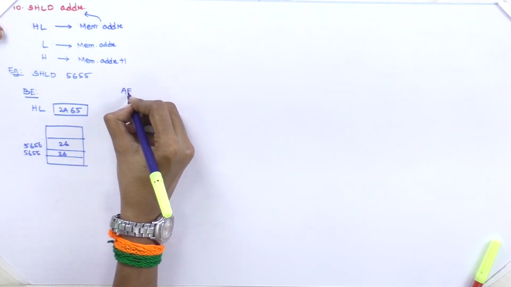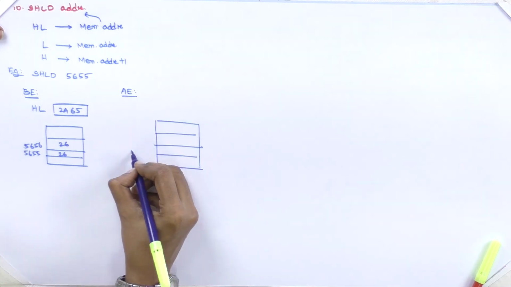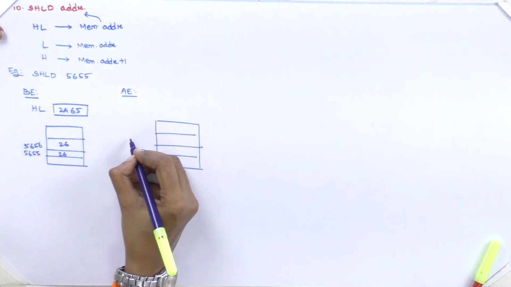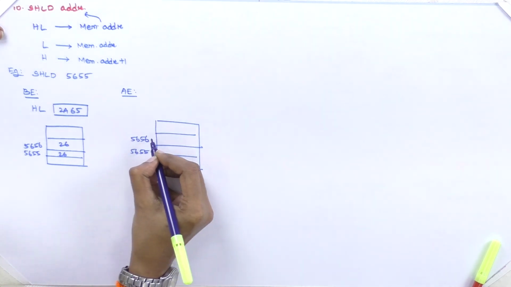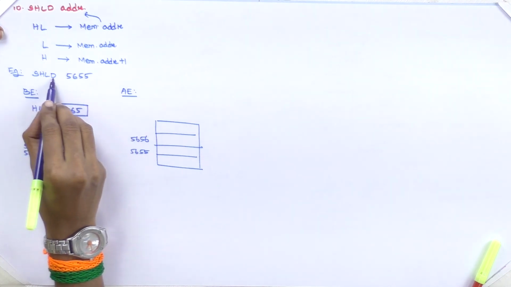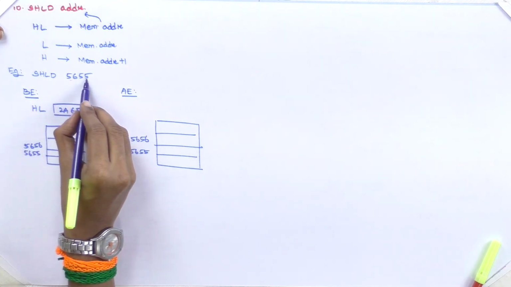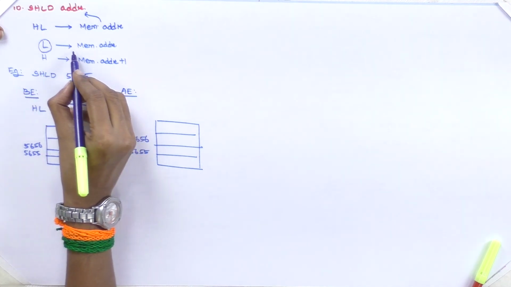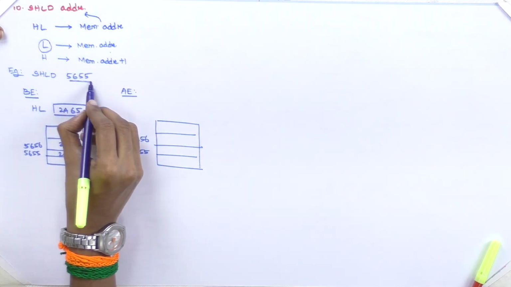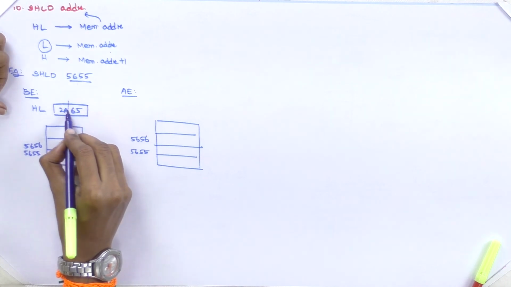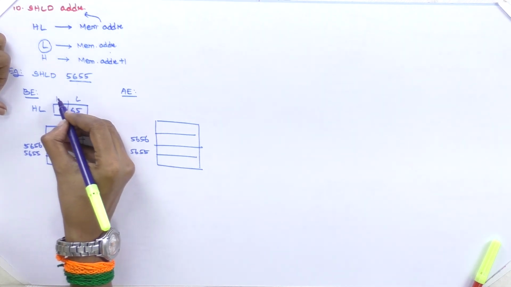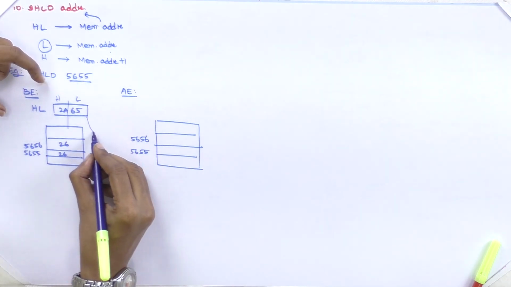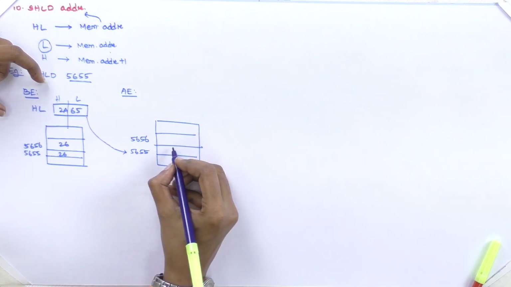After execution, what will happen? As mentioned in the instruction, SHLD 5655, the value in the L register will get stored in the memory location 5655. The value in the L register is 65, so 65 will be stored in 5655.